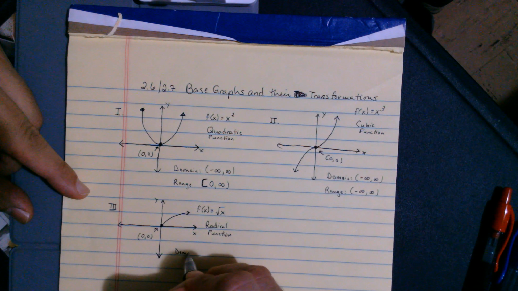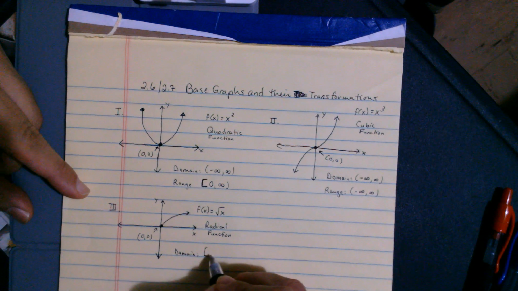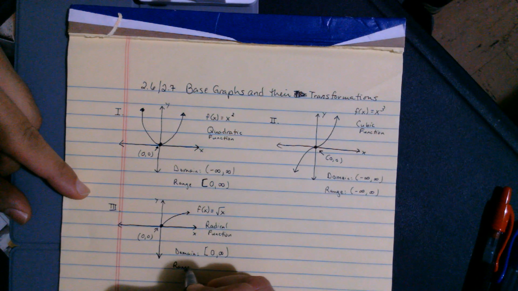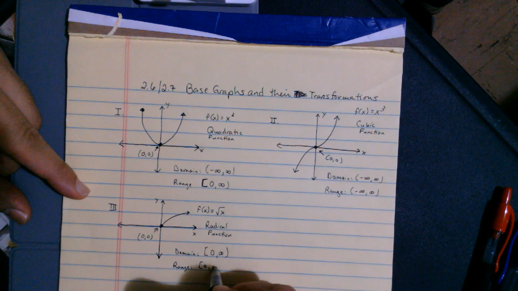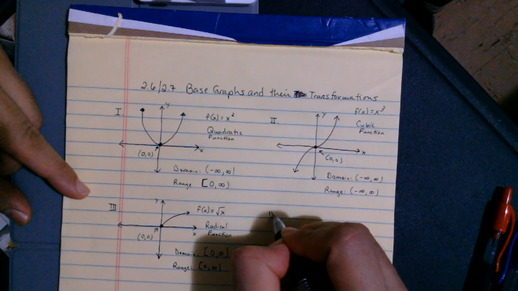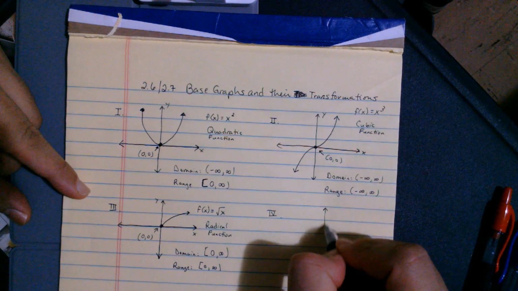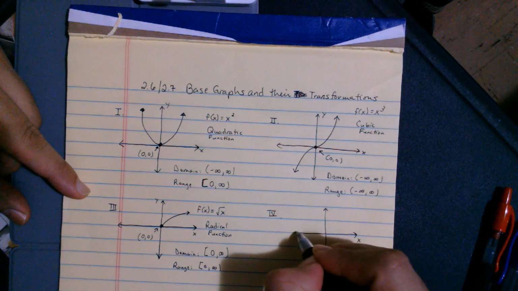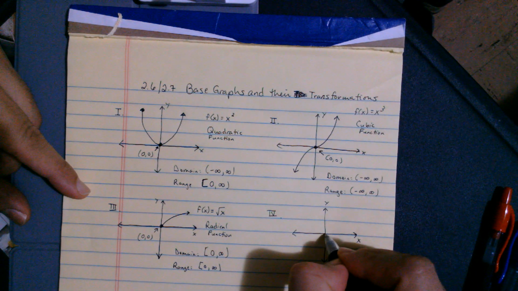Its domain would be all the non-negative numbers, so 0 to infinity, and its range would also be from 0 to infinity. The fourth one, again in no particular order, and sorry for the non-straight lines, is your absolute value function.